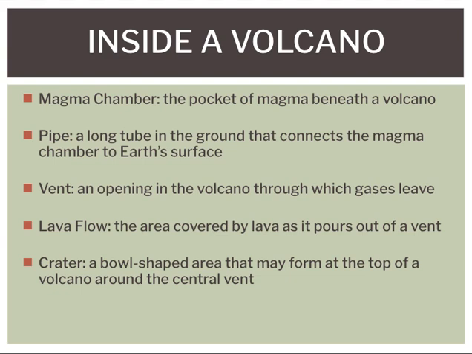The lava flow is the area that is covered by the lava as it explodes or pours out of the pipe and vents. Especially when there's a more explosive event, you'll see a crater at the top that often forms around the central vent. This enlarged bowl-shaped opening is the result of such extreme temperatures as the lava pours out.